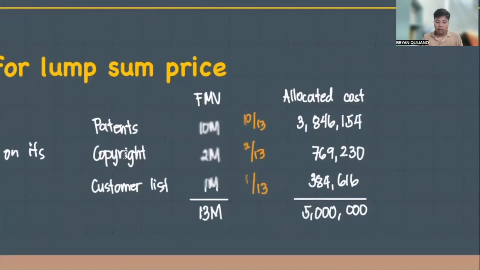For example, we have here an allocated cost of 5 million pesos, and the fair market values of different intangible assets are presented. Then you're going to use the fair market value to generate a fraction, and multiply that fraction to the allocated cost, just like with this example.